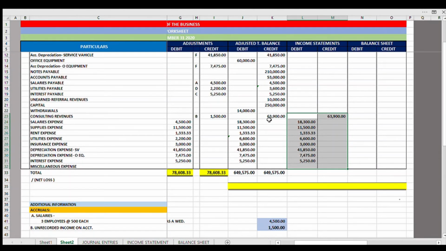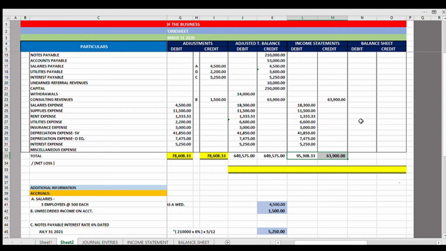Okay, so if it is credit here, we will put it credit here. And if these accounts are all debit, we will just extend it to the debit side of the worksheet. So let's have the balances. Okay, we have 63,900 for the credit and 95,308 and 33 centavos to the debit.